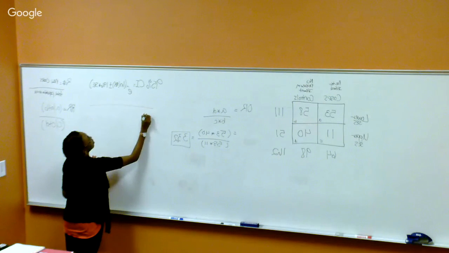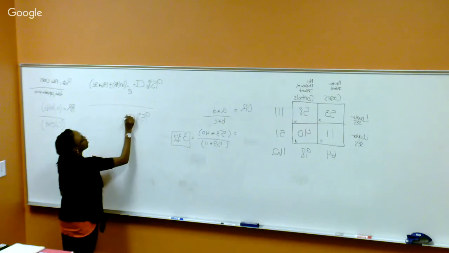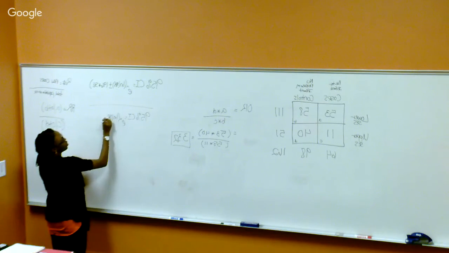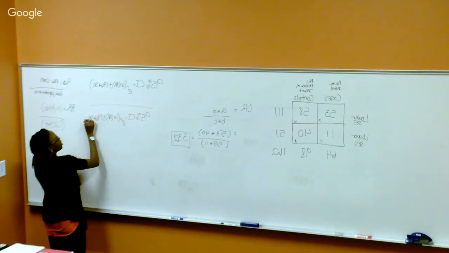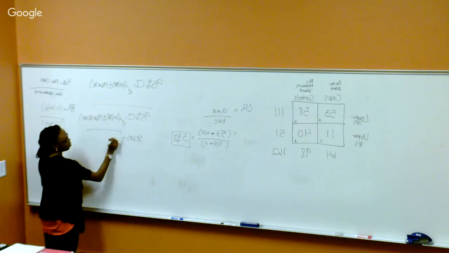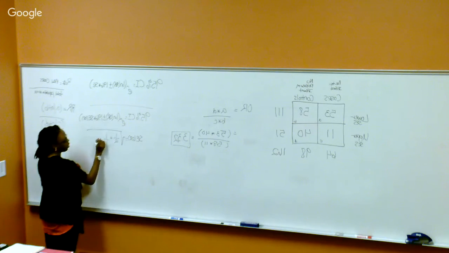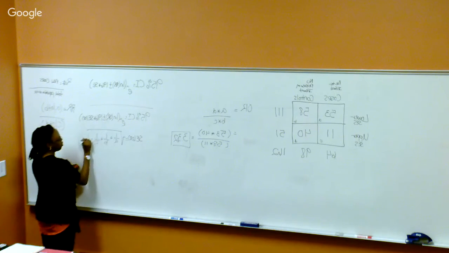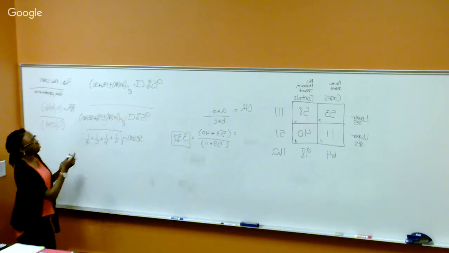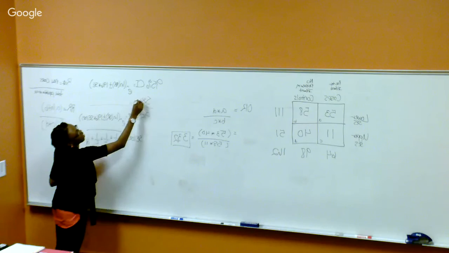Now it's e to the natural log of the odds ratio plus or minus 1.96 times the standard error of the odds ratio. And the standard error of the OR is the square root of 1 over A plus 1 over B plus 1 over C plus 1 over D. I'll write the other one again, just in case you want that.